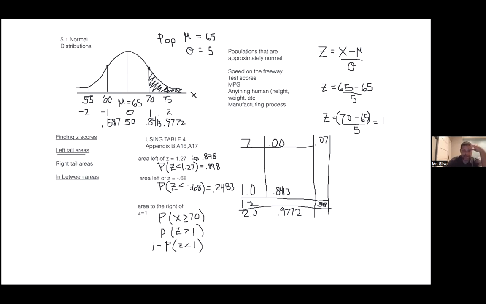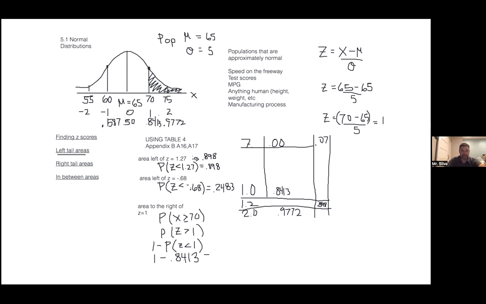The probability z is greater than 1 is what I'm trying to find. So find the probability z is less than 1, 0.8413, and subtract that from 1. So when I do 1 minus 0.8413, I get 0.1587.